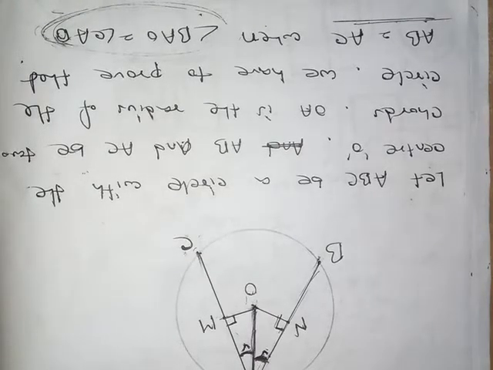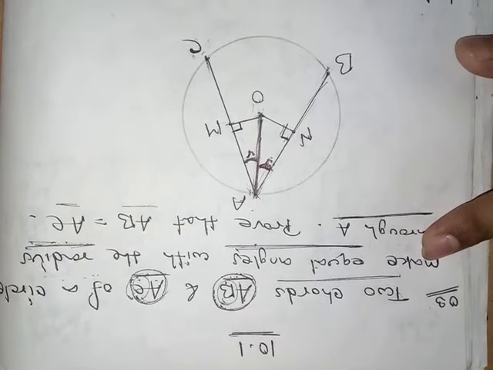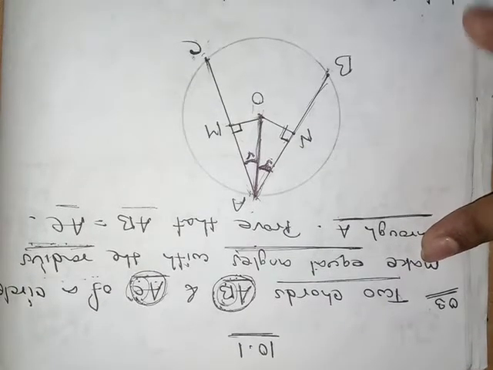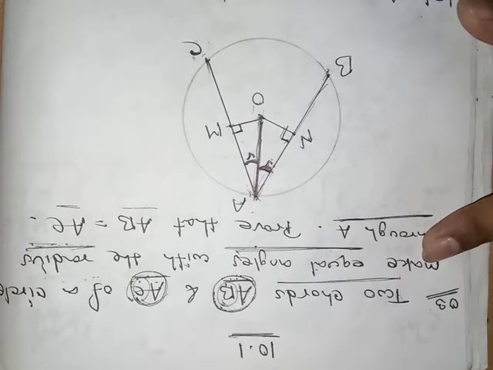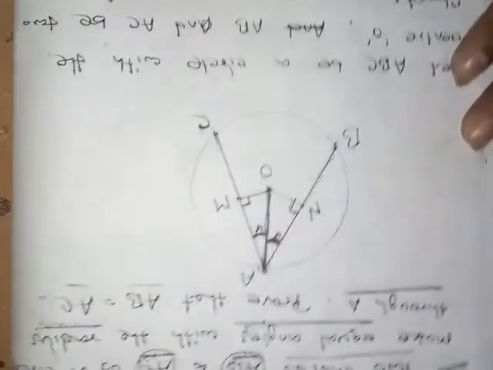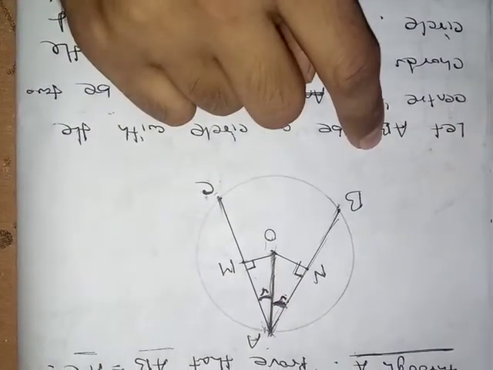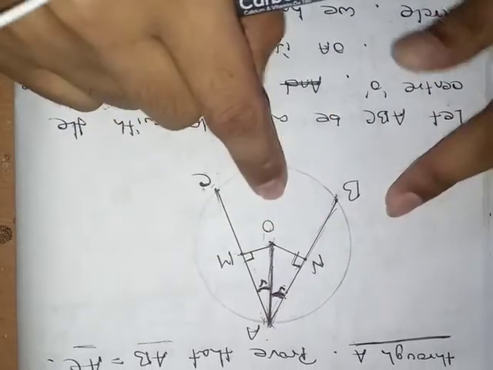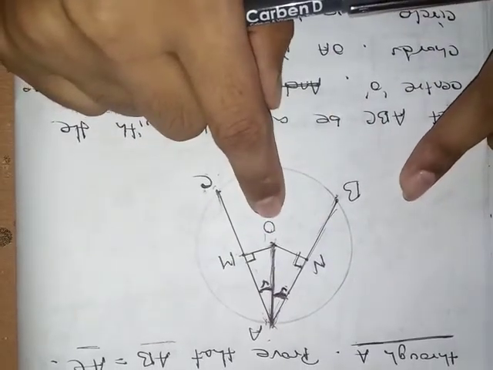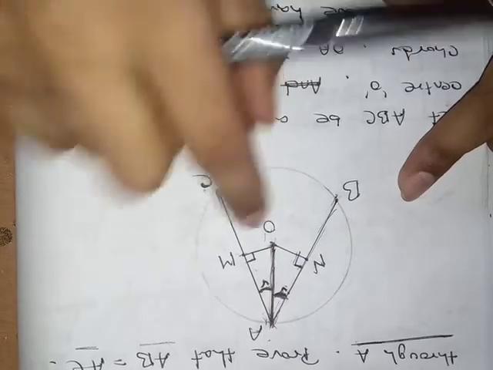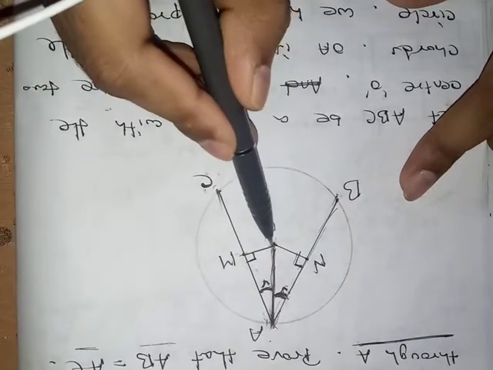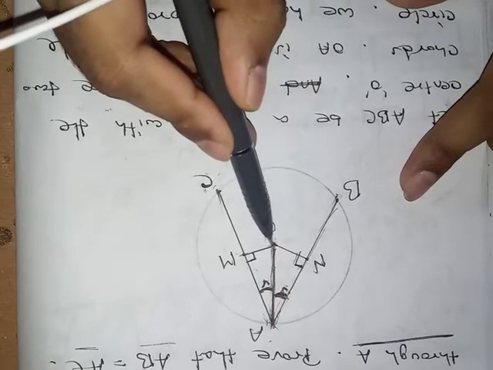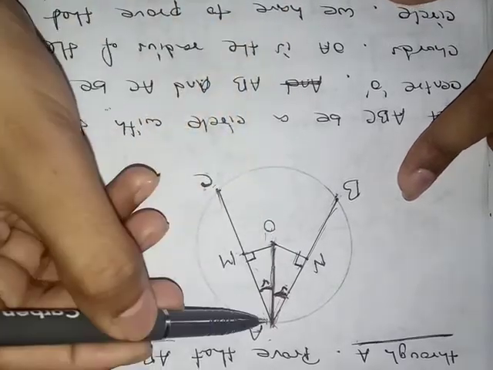To prove this statement, we have to draw two perpendiculars, both from the center O. So I have drawn a perpendicular from the center O to AC.